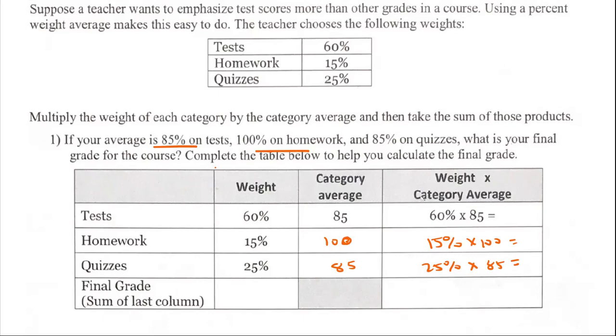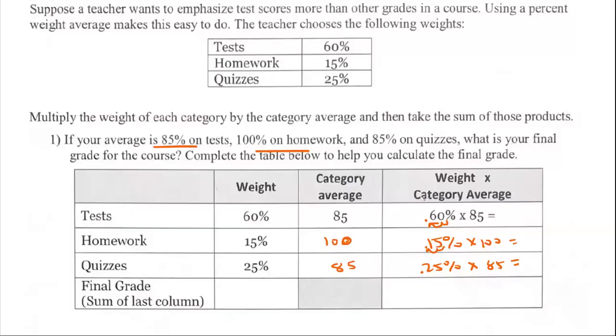To convert to a decimal, you divide by 100, or you just move the decimal 2 places to the left. Same thing here, so we got 0.60, 0.15, and then 0.25. And then we just multiply. Go ahead and multiply those out.